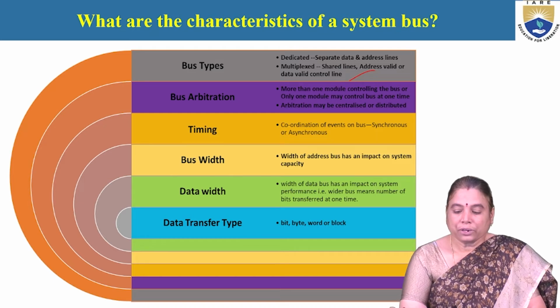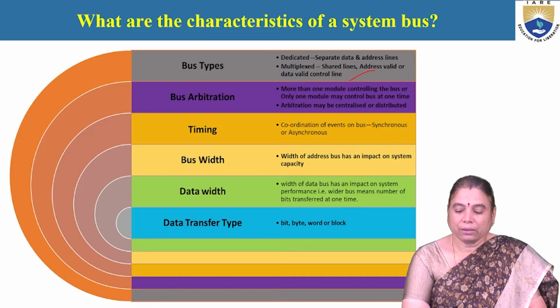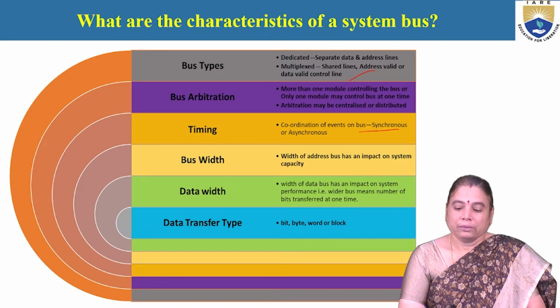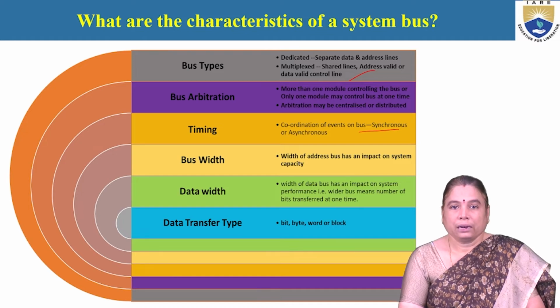The coordination of events on the bus is determined with synchronous or asynchronous timings. Synchronous means the two devices involved in the communication share the same timing signals. Otherwise, it is considered asynchronous communication.